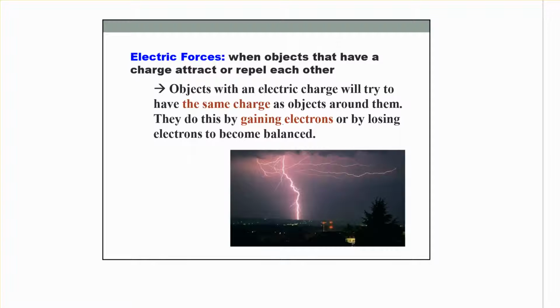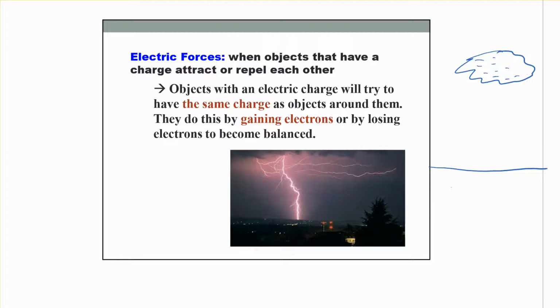Sometimes things gain a charge, and a good example of this is lightning. So if this is the ground and this is my cloud up here, for things that happen in the air, like clouds, different pressure systems and everything happening, you might get a buildup of electrons up here. I'm just drawing little negative symbols for electrons.